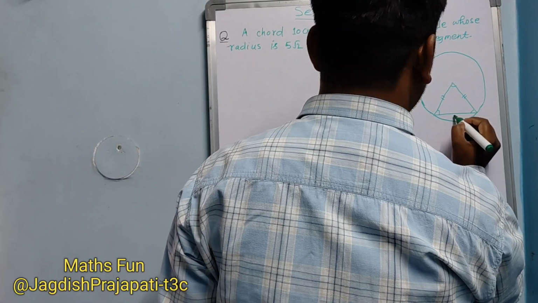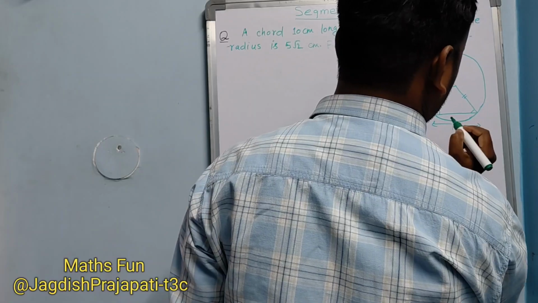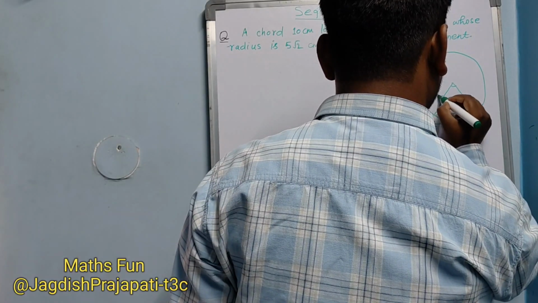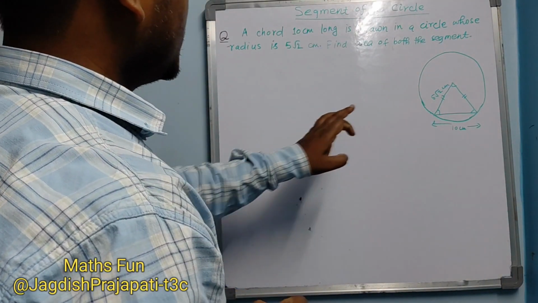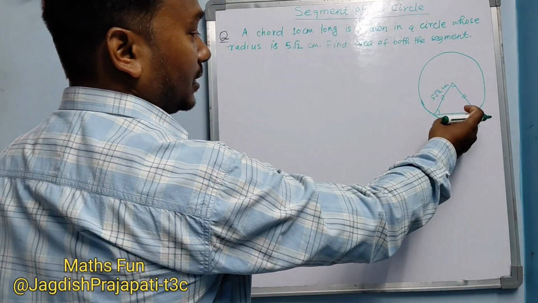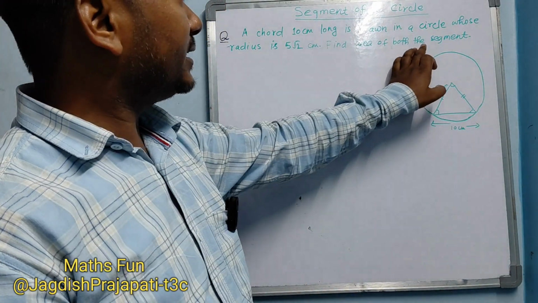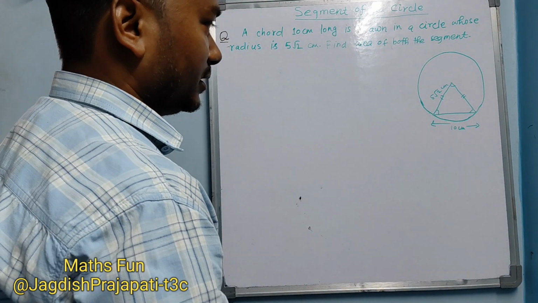This length is given, 10 centimeter. And the radius is also given. Radius is 5 under root 2 centimeter. The chord length is 10 centimeter. Then we have to find the area of both the segments.